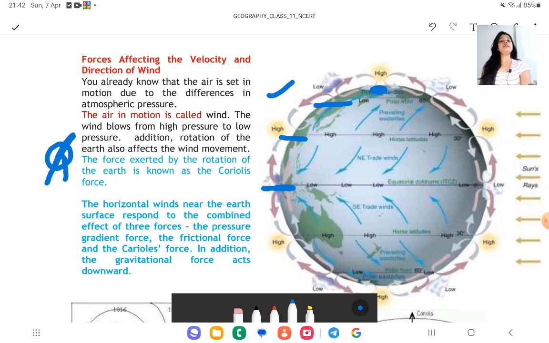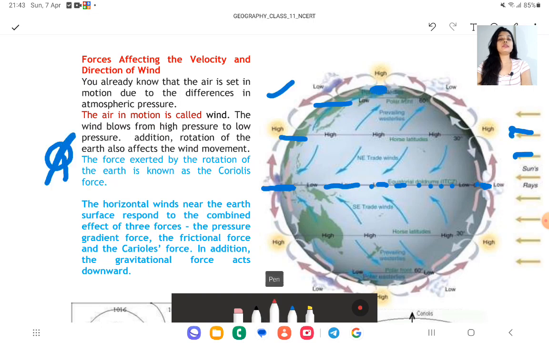But if we take our earth as this, and consider that the rays are coming in a vertical direction, then the ITCZ is lying on the equator, and that's why there is a lot of heating happening in this area.